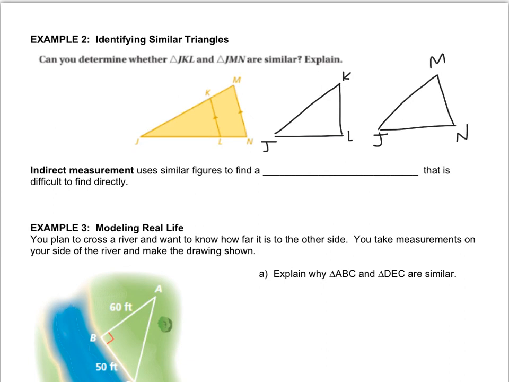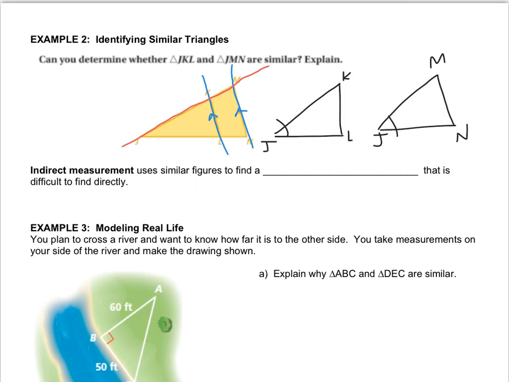And you can see that angle J is in both of them. And what they tell you is that this segment right here, KL, is parallel to this segment MN, and they do that because they give you those little dashes on the lines. That tells you that they're parallel, and if we draw JM as a transversal, then we have some of our cool relationships that we learned in an earlier lesson.